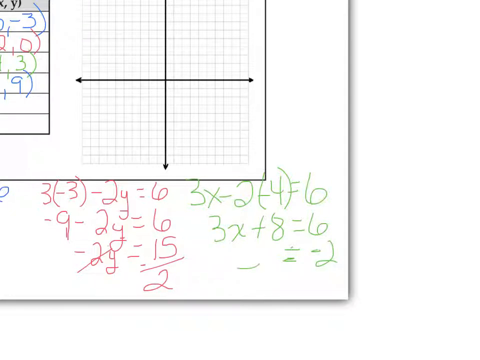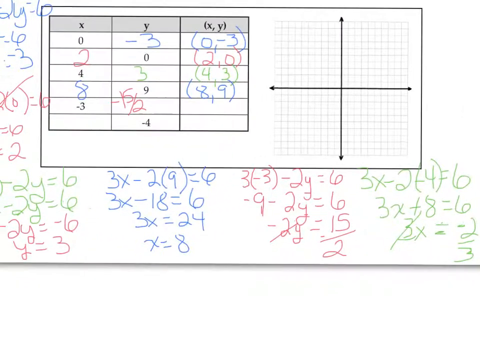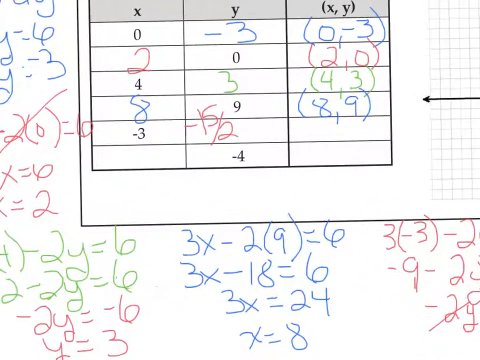So we have 3x equals negative 2. Divide by the 3. That just gives you x equals negative 2/3. So this ordered pair up here was negative 3, negative 15/2, and this one, negative 2/3, negative 4.